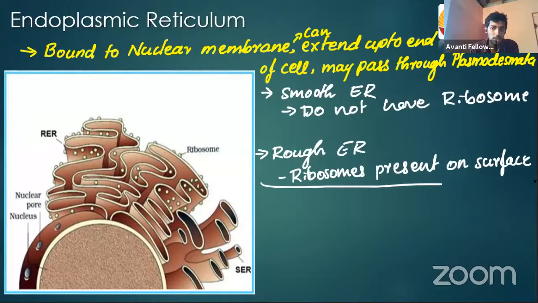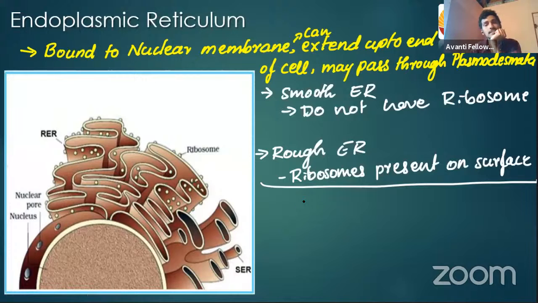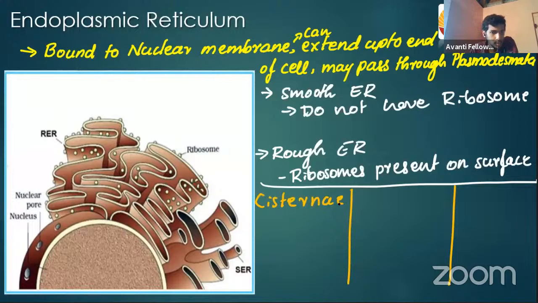So when you go for structures, the ER is found in 3 different types. The first one is cisternae. The ribosomes stick to the membrane. It's a membrane, right? We normally won't call it the plasma membrane.